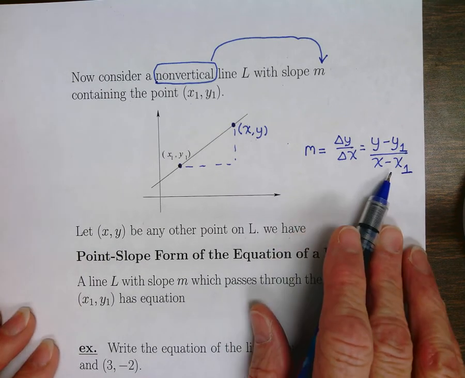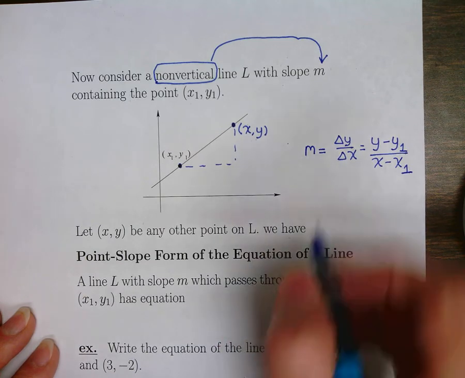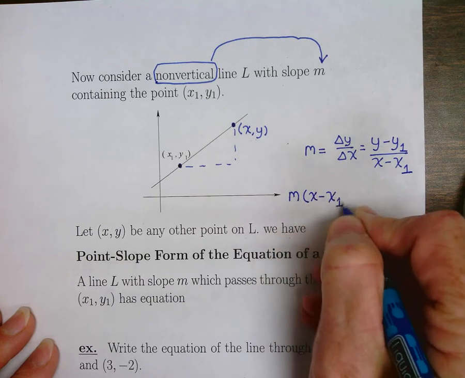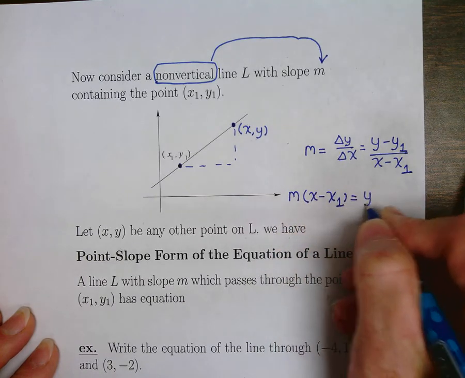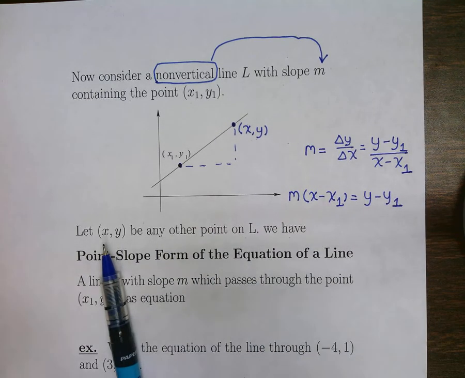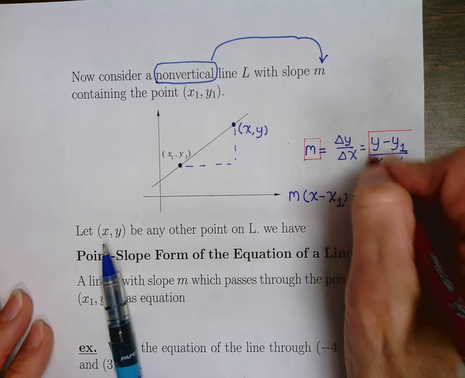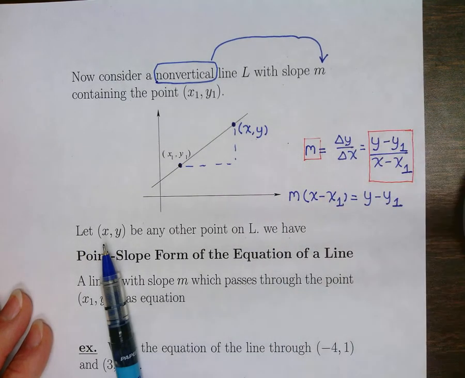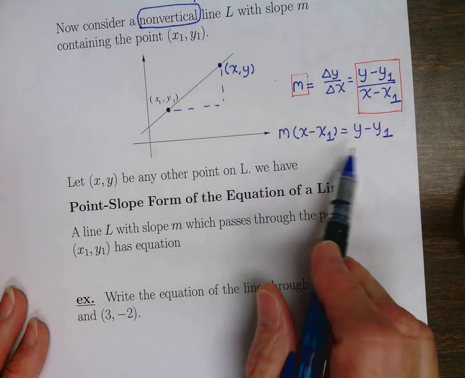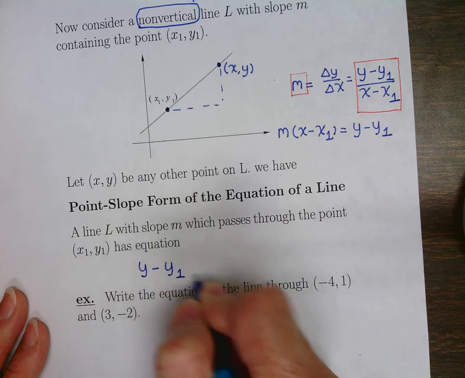And in fact, what we can do is multiply both sides of this equation by (x minus x1). Okay, so we're taking this equation, m equals this, and we get the following. Okay? And then if we rewrite that, we get what we call the point slope form of the equation of a line.